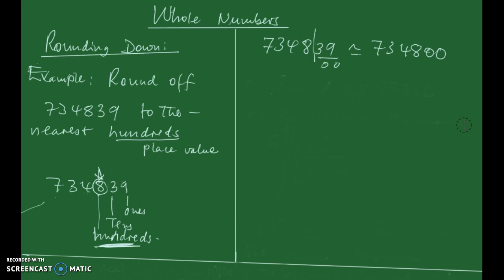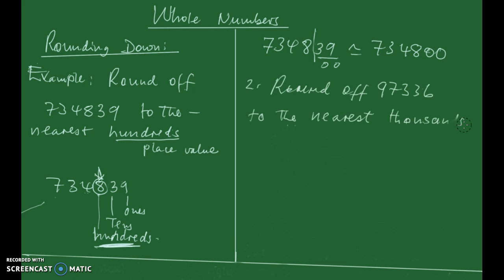Okay, I think that is great, isn't it? Now let us look at another example here. Round off 97,336 to the nearest thousands. All right. Now, as usual, we have to look at the place value.